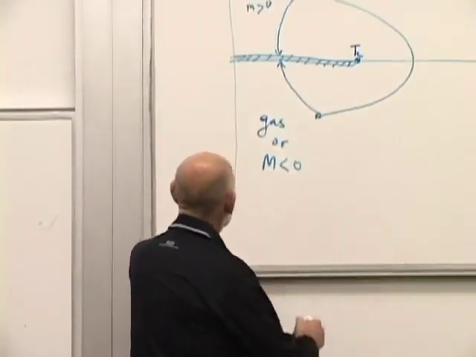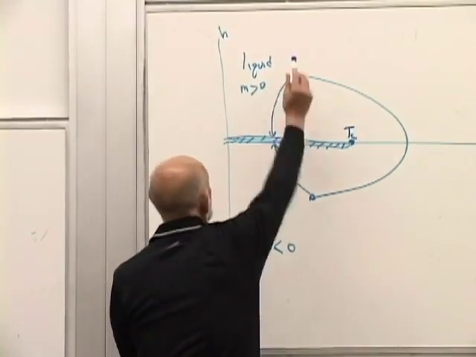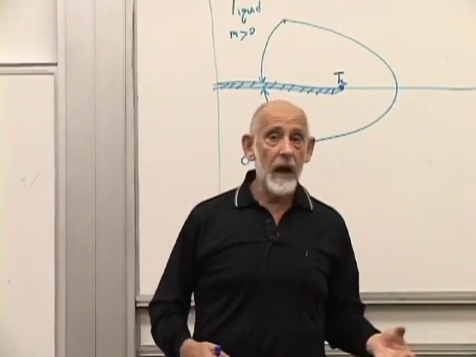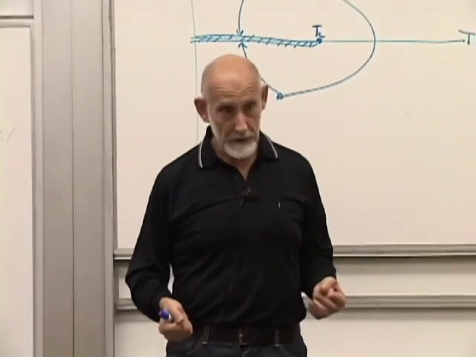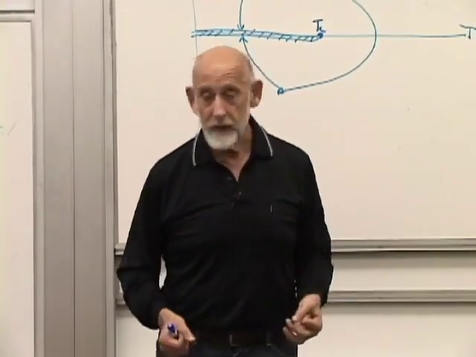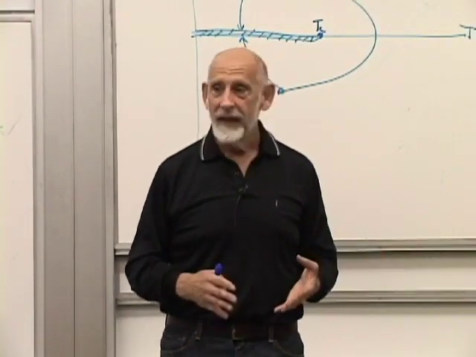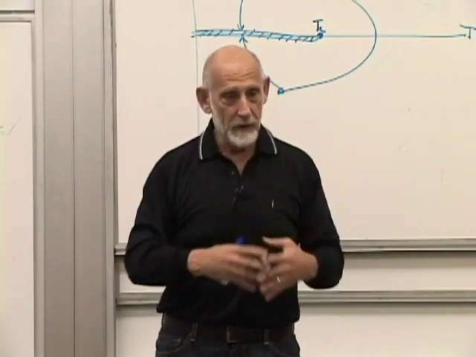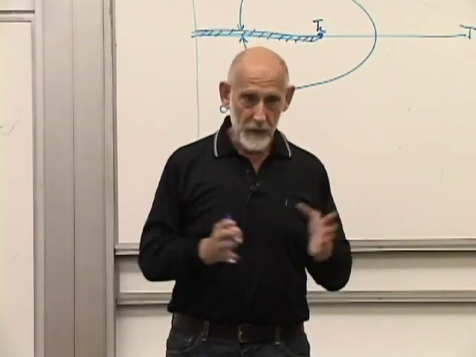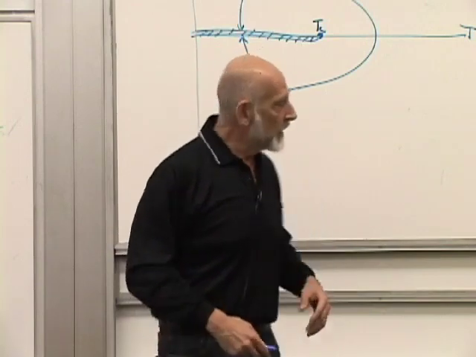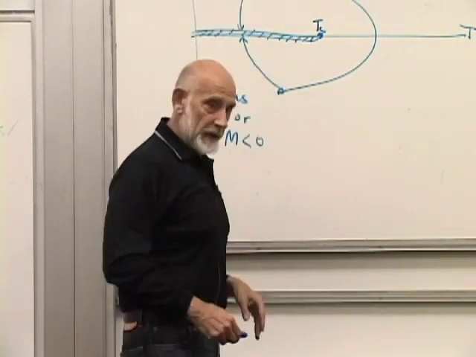Likewise, up here, sort of symmetrically, the liquid will sometimes form little bubbles of gas. But the liquid will squeeze them out, and the little bubbles of gas that accidentally form get squeezed out.